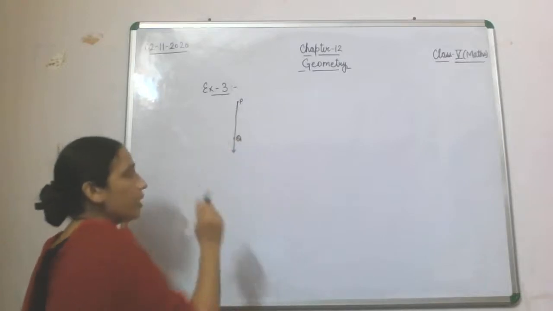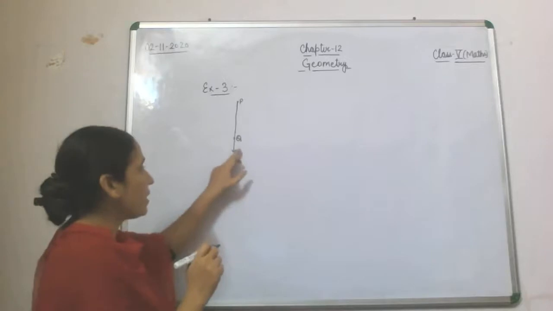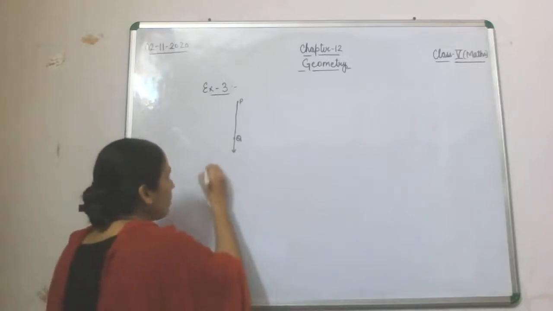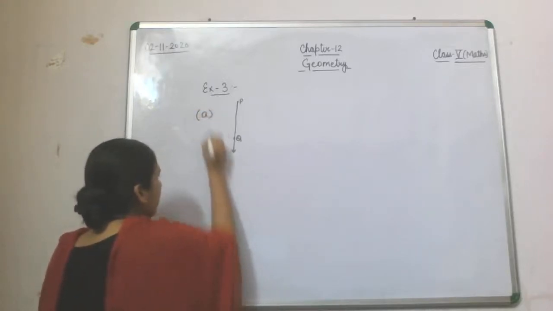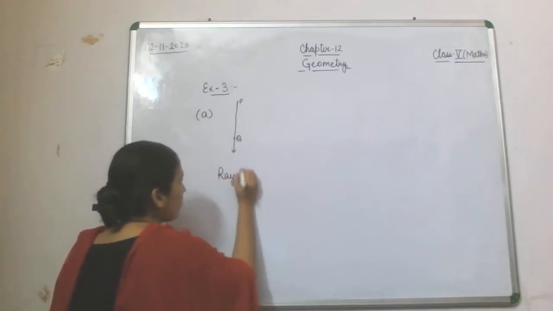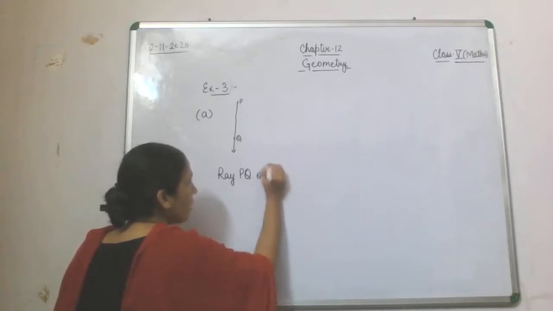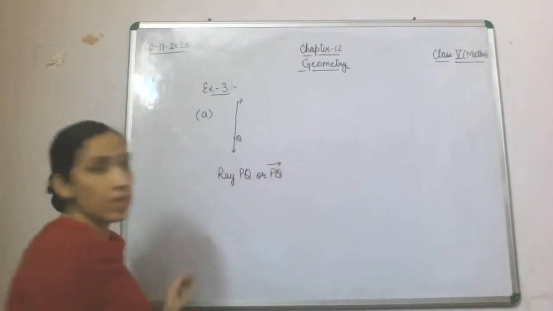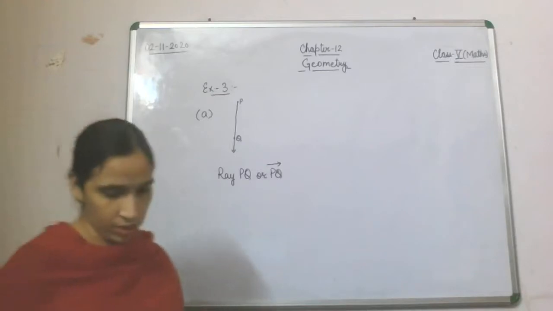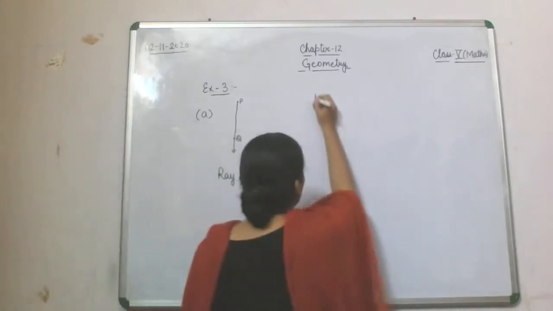One endpoint is where the ray begins. So what is the name of this ray? The name of this ray will be ray PQ, or if I write it in symbol, PQ with this arrow symbol on top. Let's take another example, B part.